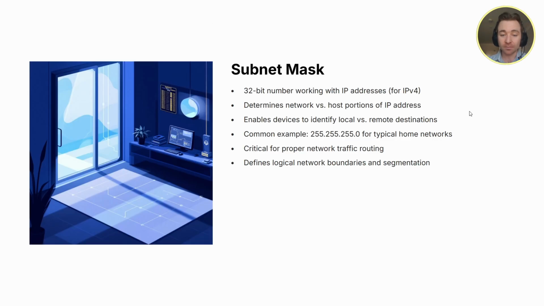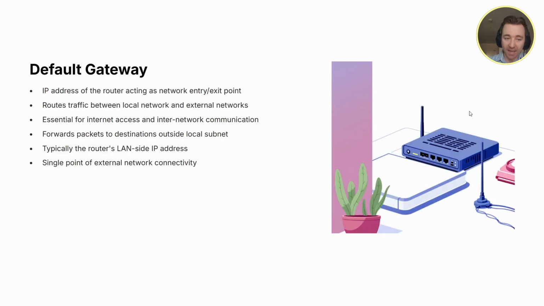Okay, so the default gateway is just where you're sending your data in order for it to access the World Wide Web, the wide area network outside of your LAN. So every computer has a default gateway. That's basically saying, hey, where am I sending my data in order for that data to leave the local area network? That's all that means. So it's the IP address of the router acting as the network entry/exit point.